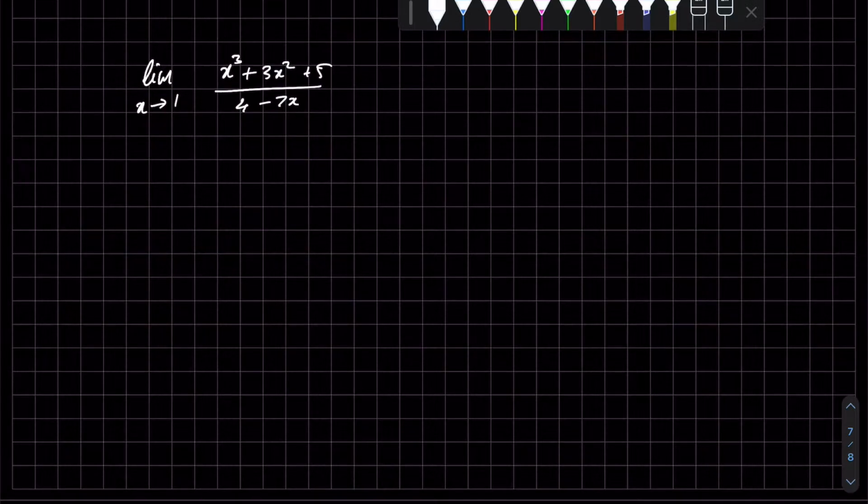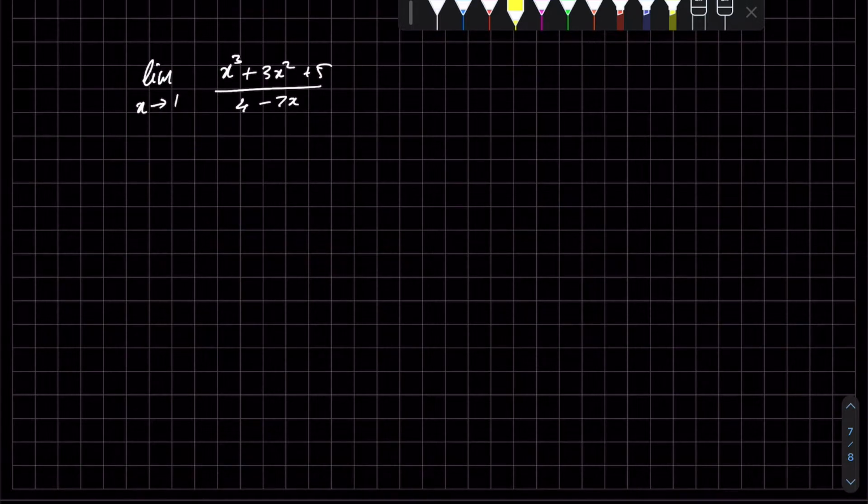Okay, so we're asked to evaluate the limit and indicate the step that we use for each step. So here we're going to use a combination of a few of them.